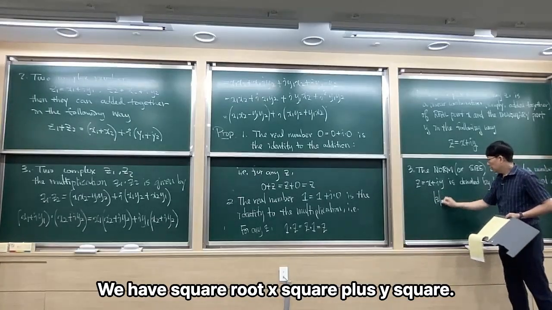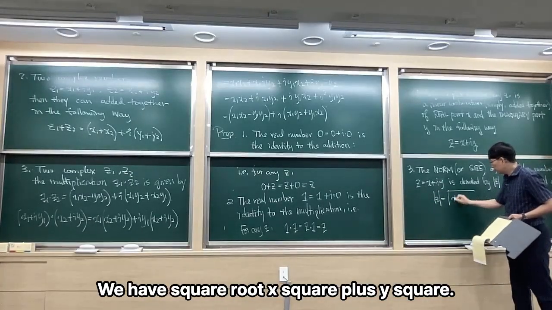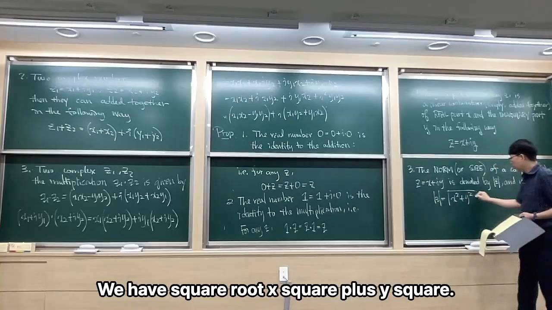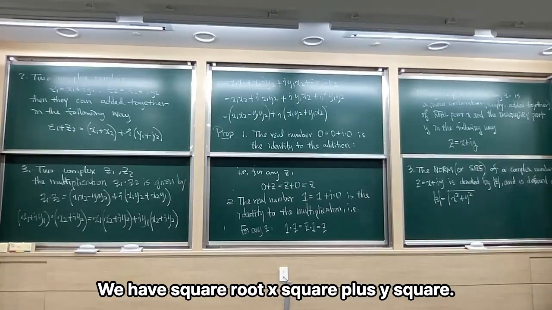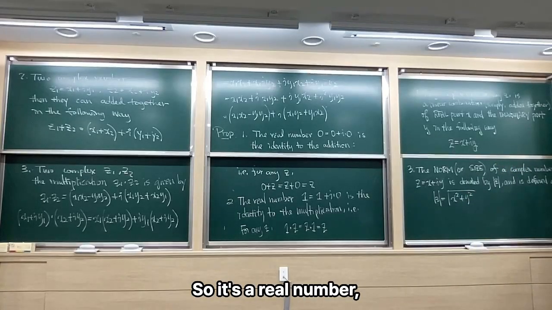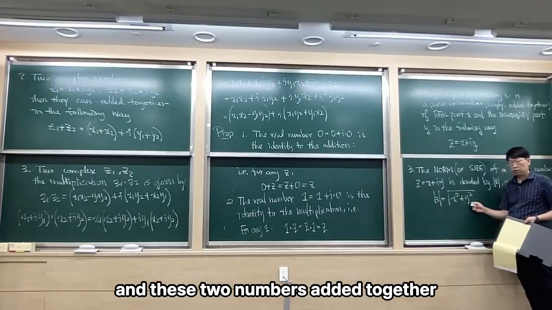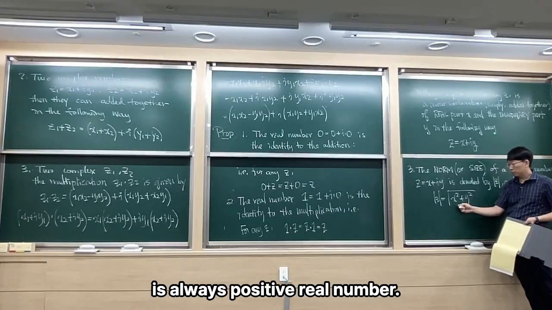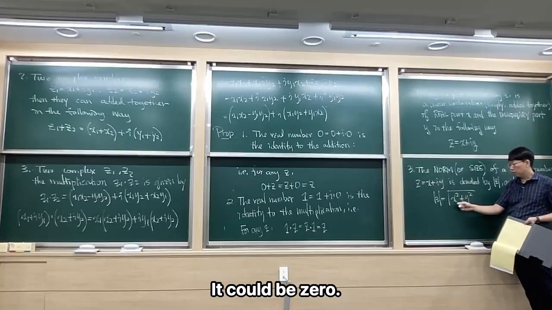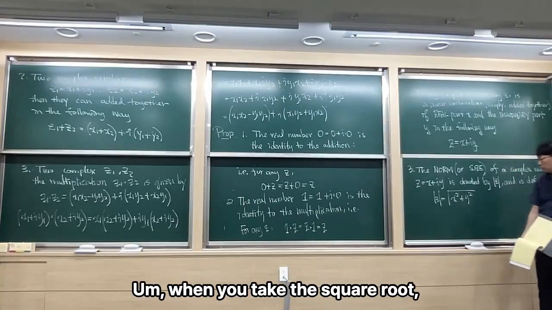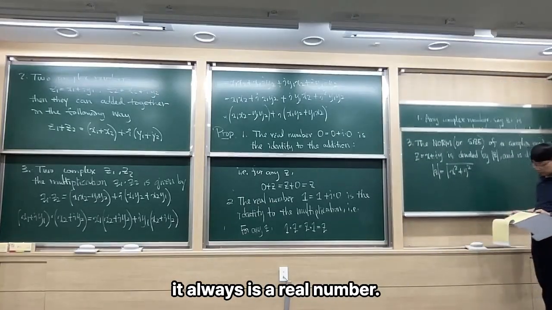So we have the square root of x squared plus y squared. So it's a real number because x and y are real numbers, and these two squares added together are always a positive real number. It could be 0. When you take the square root, it always is a real number.